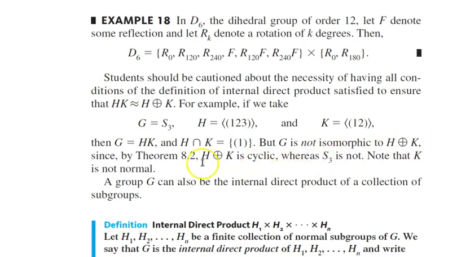So these groups, HK and H plus K, are not isomorphic, and it is because K, the second group, is not normal in this case. So one of the requirements for internal direct product is not met.